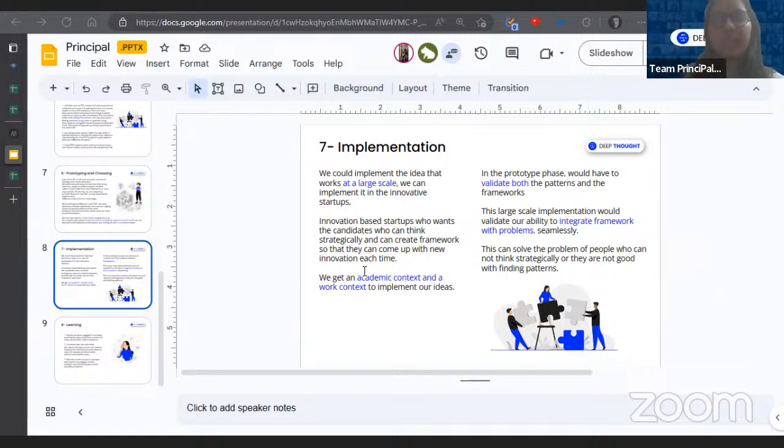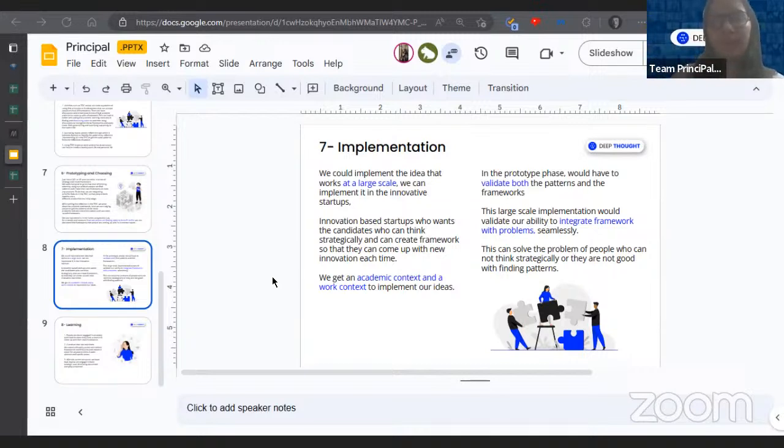So in the implementation, we want to apply this for DT, but it's also for people at large scale who want to engage more in leadership roles or in voluntary learning, or think on a strategic level.